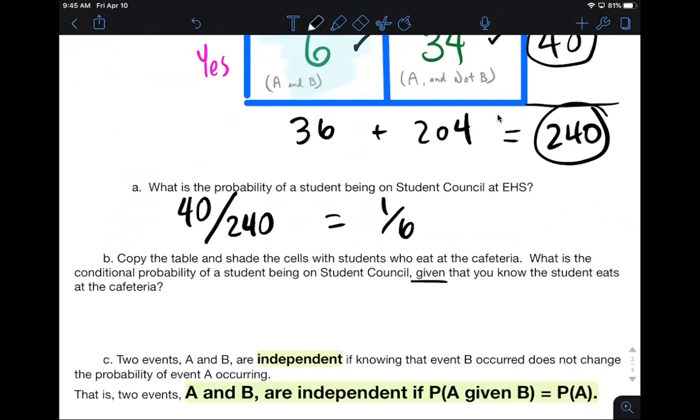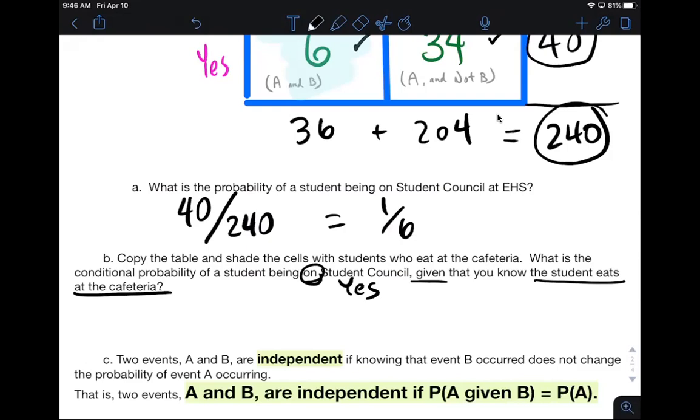Okay, so the condition is that the student eats at the cafeteria, all right? And the question is, what is the probability of being on student council? So that's a yes on student council, given that you know the student eats at the cafeteria.